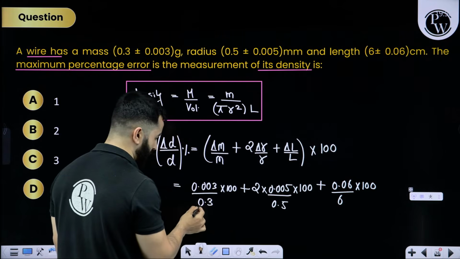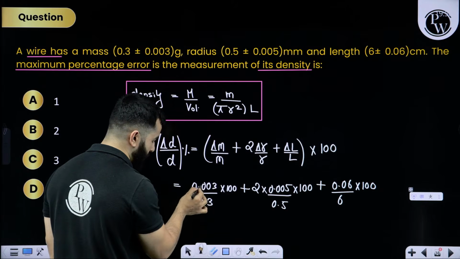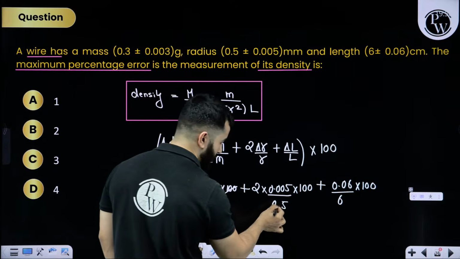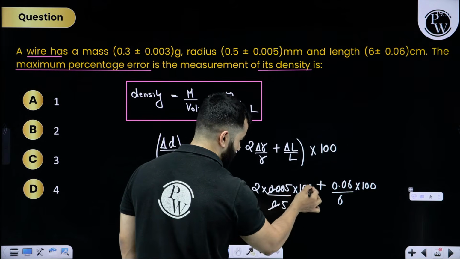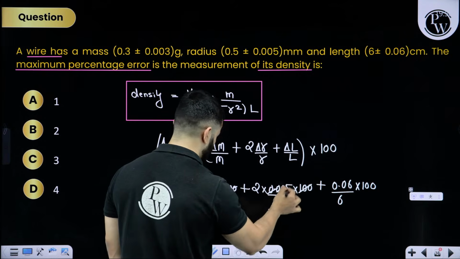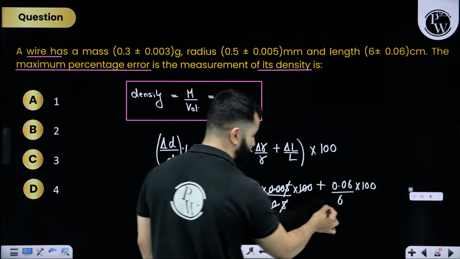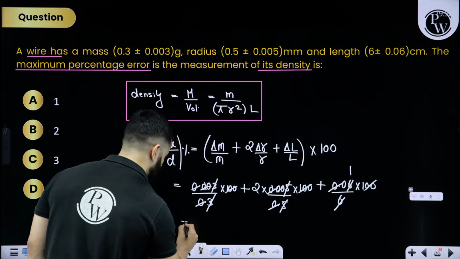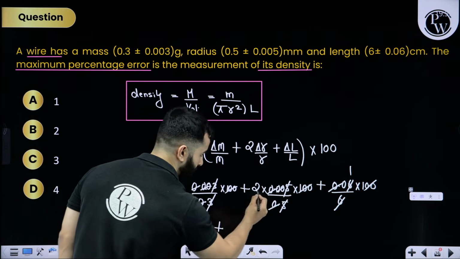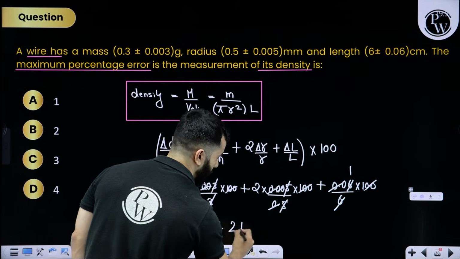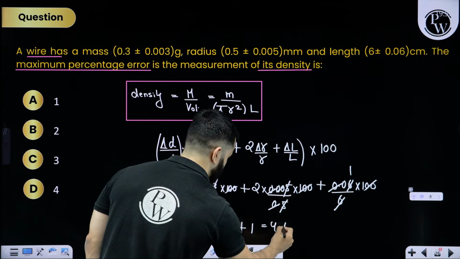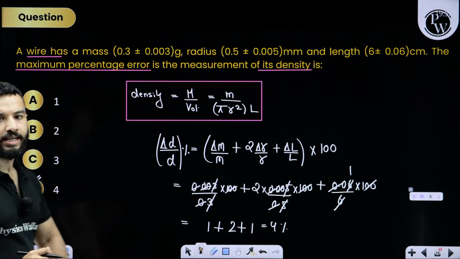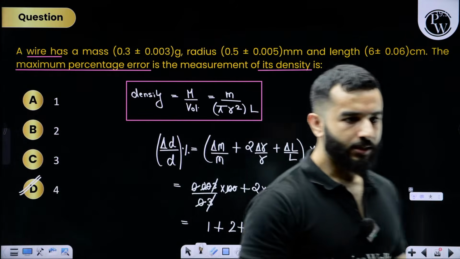First of all, I can cancel out 1 point with this and then 2 points with this 100. Similar thing. Clear? 5 and 5 get cancelled out, 3 and 3 get cancelled out, both points get cancelled out by this. This is also 1. So till now I am getting 1 plus, I believe this is 2, plus that is 1. So the answer is 4%. Answer is 4%. Clear? Done?